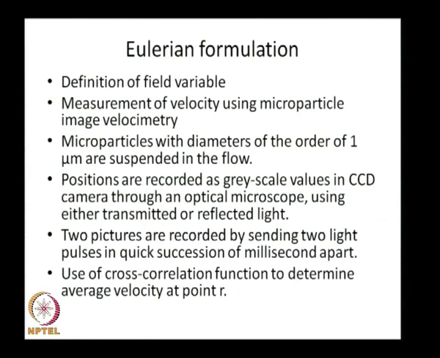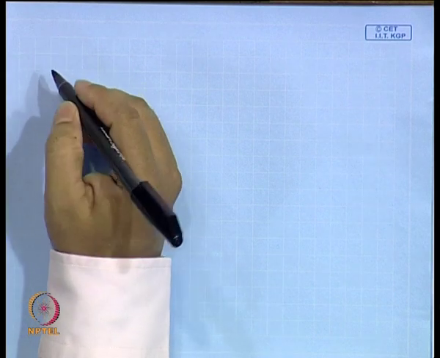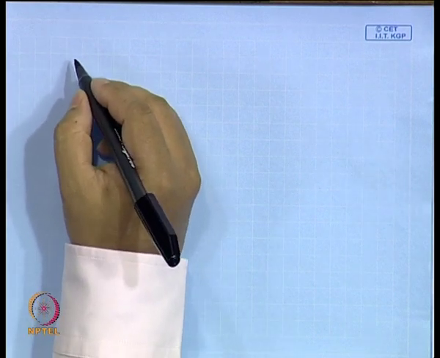Now, when it comes to the Eulerian formulation, there is a definition of a field variable. A field variable is defined as the average value of the corresponding molecular quantity.